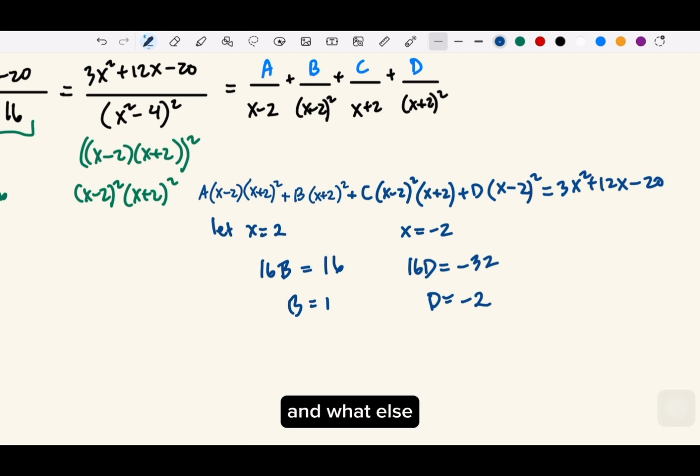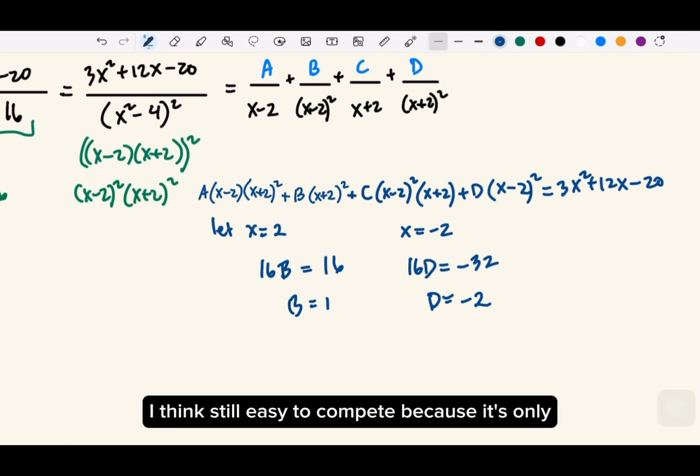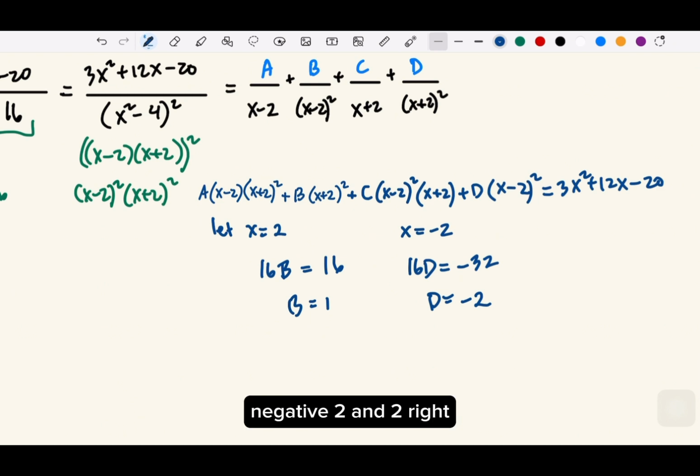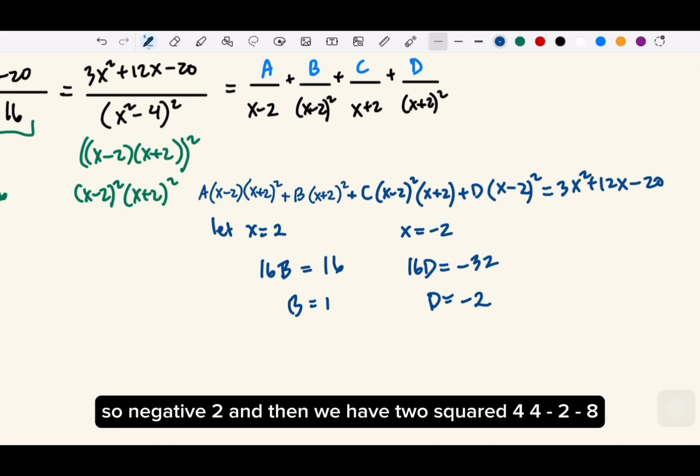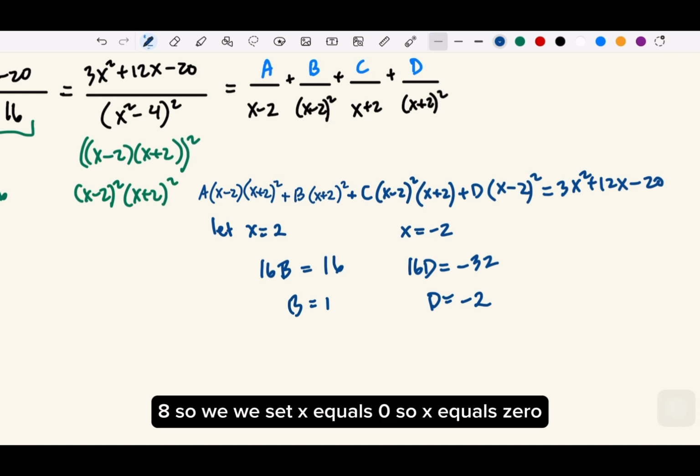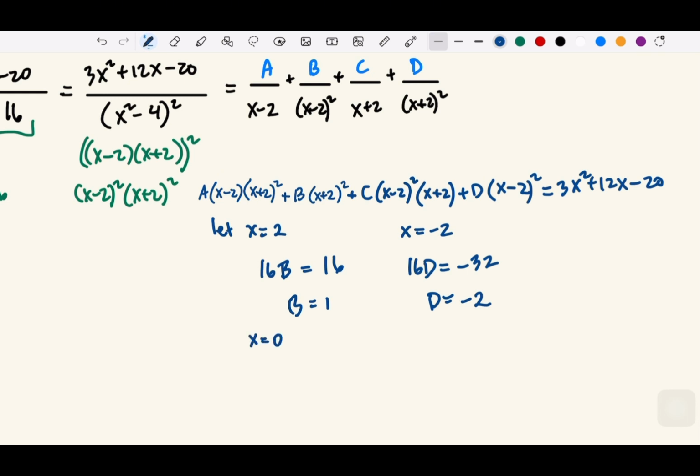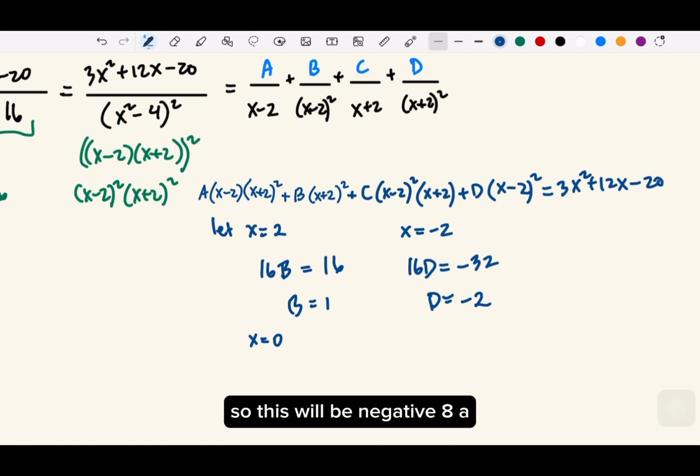And what else? The number that we can choose, we can take x equals 0 or 1. I think 0 is still easy to compute because it's only negative 2 and 2. So we set x equals 0. This will be negative 8A.